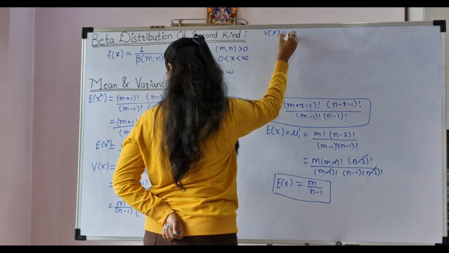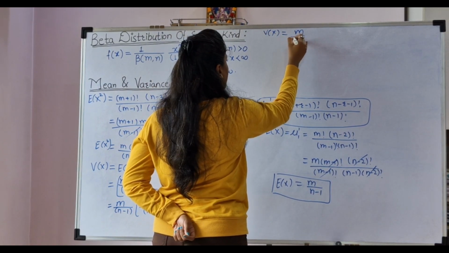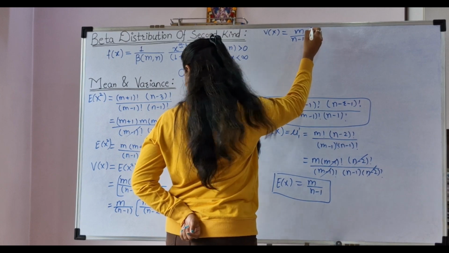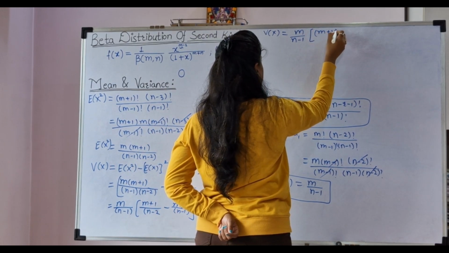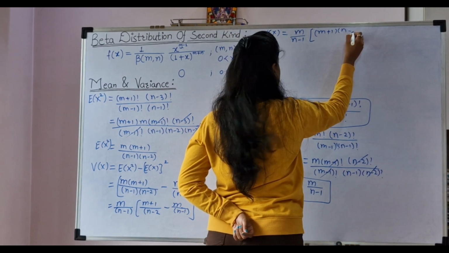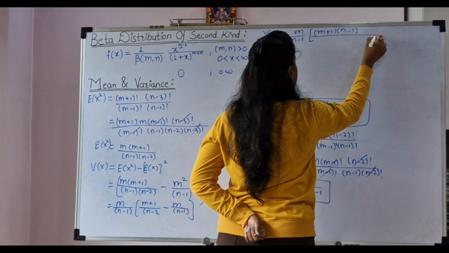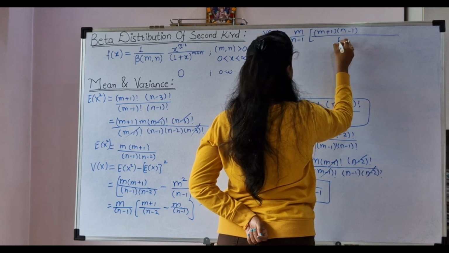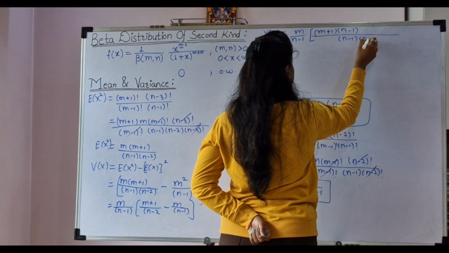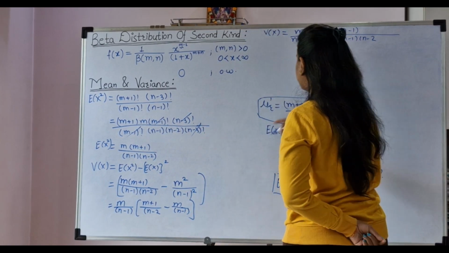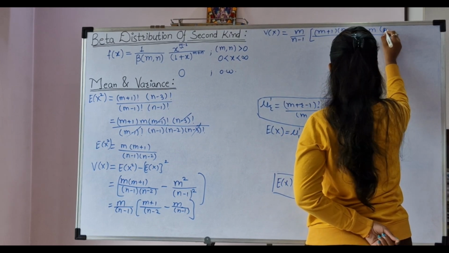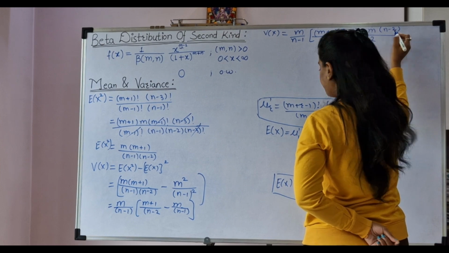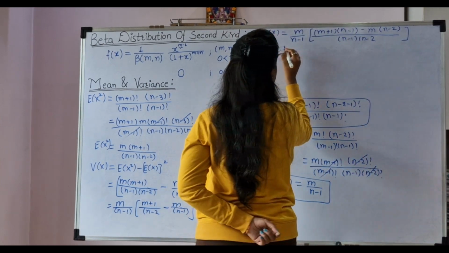Variance of x equals to m upon n minus 1 into m plus 1 into n minus 1 divided by n minus 1, n minus 2, and of course here also we have to take LCM, minus m times n minus 2. Right? Now let's solve these two brackets.